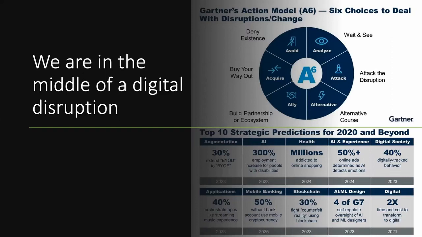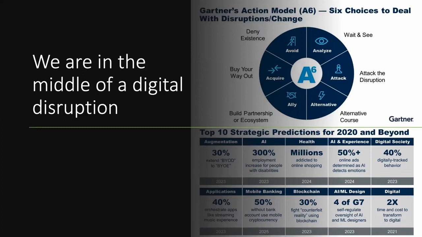And they're talking about new partnerships and ecosystems that are going to come about as a result of this, in terms of supply chains, in terms of ways of doing business, in terms of systems and applications, in terms of cloud strategies. The disruption is going to have a significant and lasting effect on how we do business.